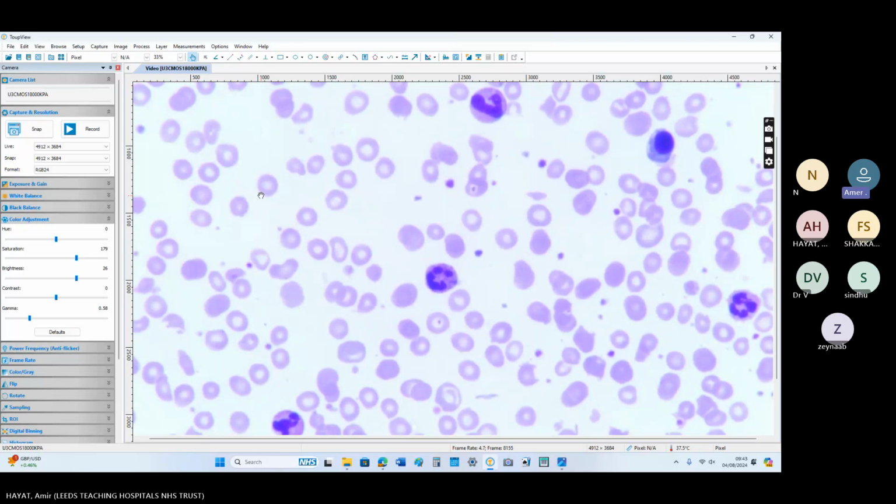So in the exam, you would be asked to report the blood film. How would you report this blood film? I think I will comment that this blood film is showing numerous RBC fragments, more than five fragments per high power field, showing also NRBCs and polychromasia.